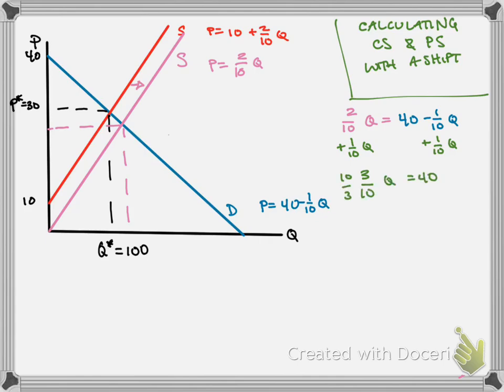I'm going to invert this. So Q is equal to 400 divided by 3, which if I get my fancy pants calculator out, is about 133.33. So our new Q star is 133.33.